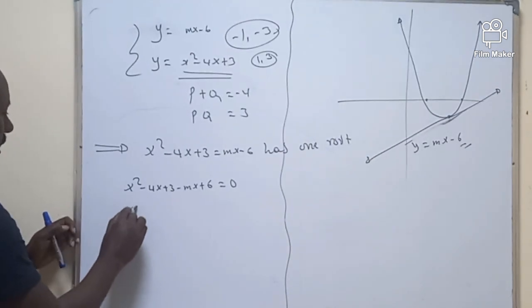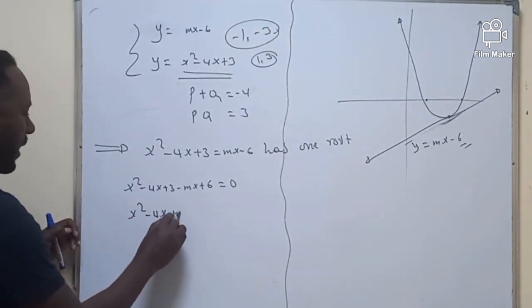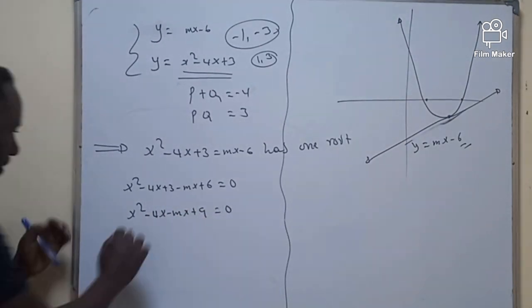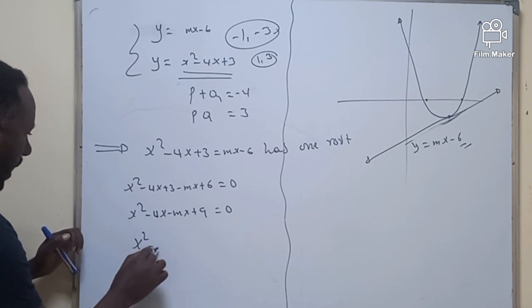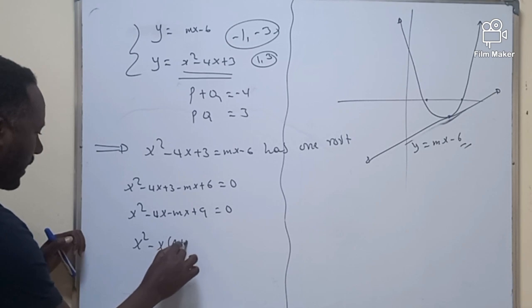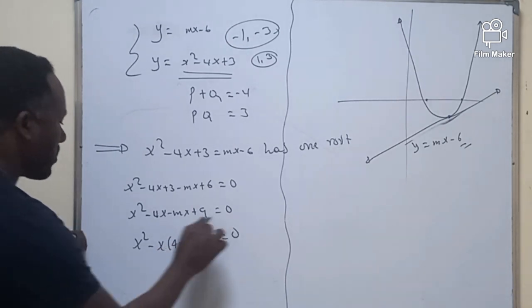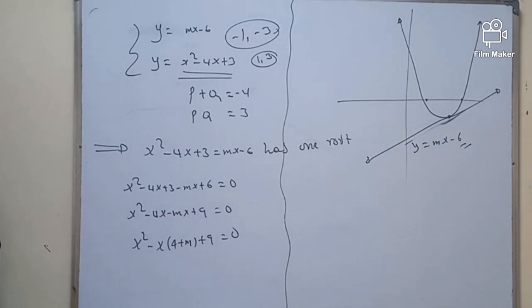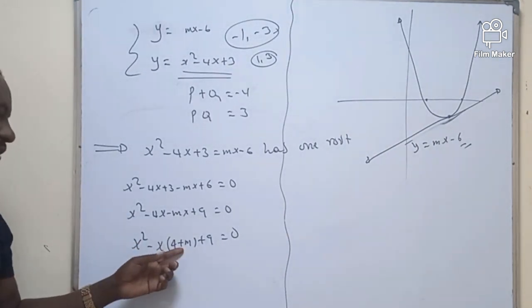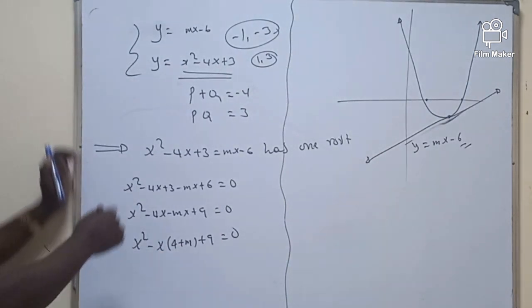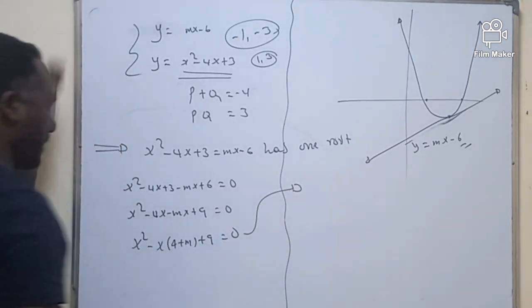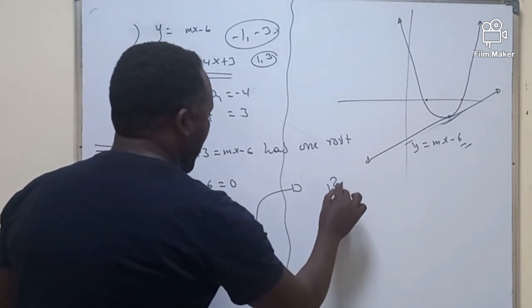Let's collect this together: x squared minus 4x minus mx plus 9 equals 0. Then x squared minus x times (4 plus m) plus 9 equals 0, because whenever we take out x as a common factor, that is minus x times (4 plus m).